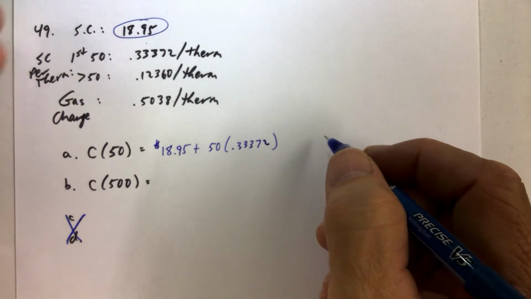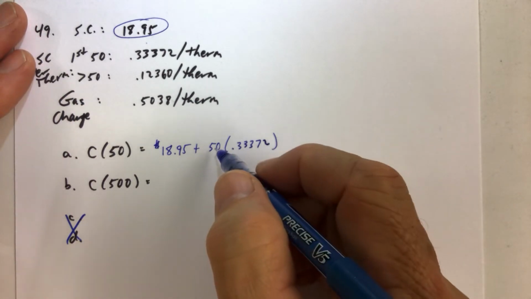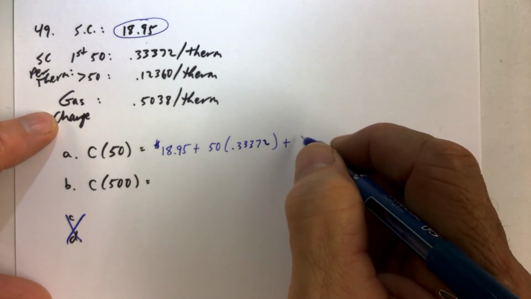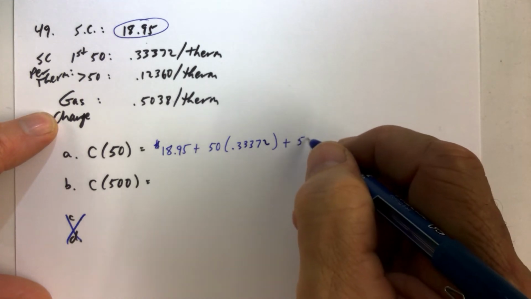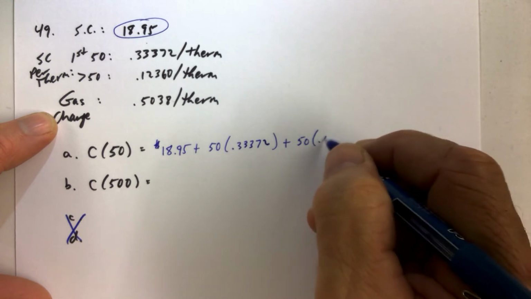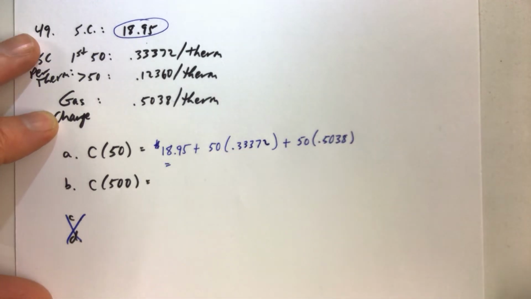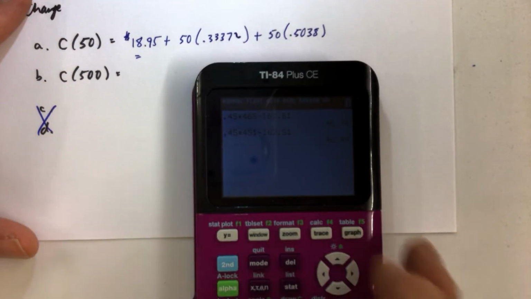That's a little over 33 cents a therm. But then you have this gas charge also of about 50 cents per therm. So we're just going to write out the expression, and then we're going to type all that into our calculator and figure out what the answer is.